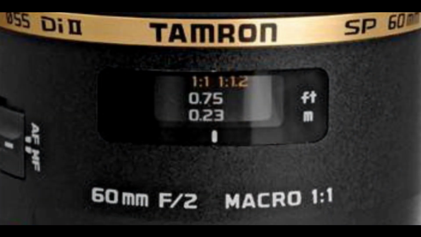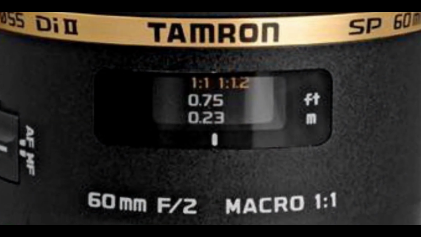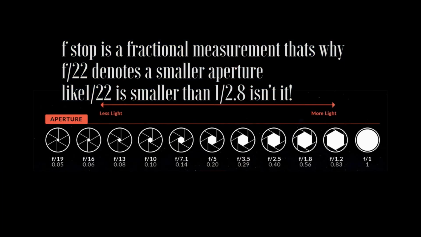Aperture is measured using the unit f-stop, f being the abbreviation for focal stop. You might have noticed values like f3.6 or 1.7 on cameras and lenses. So what's the significance? A larger aperture opening denotes a smaller f-stop number.